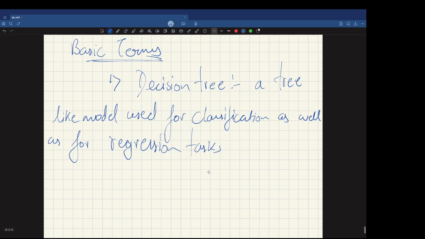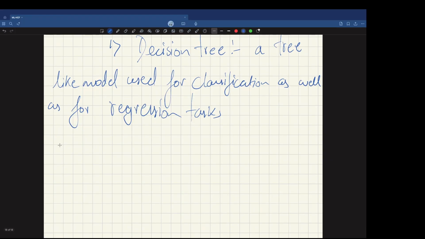Then we come to the most important part, that is the node.